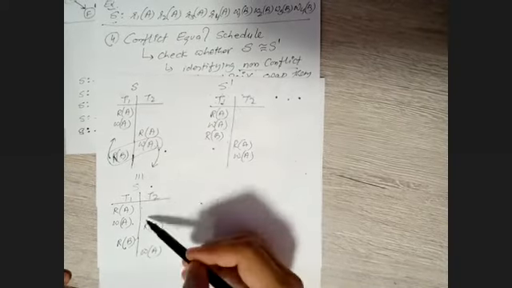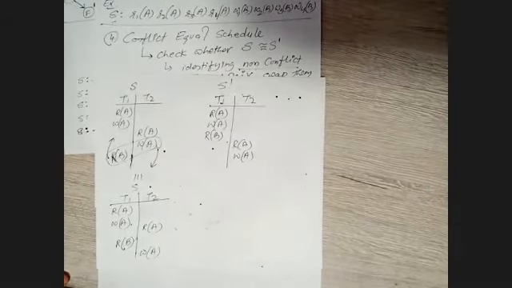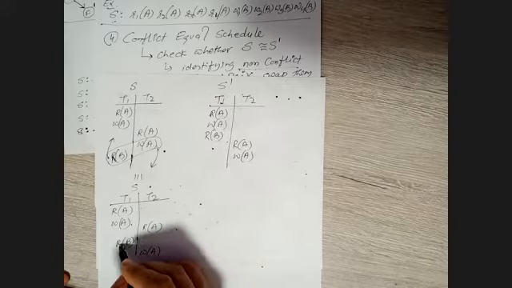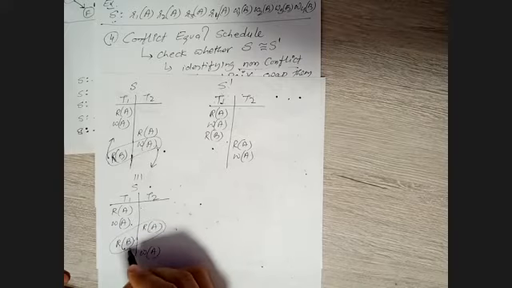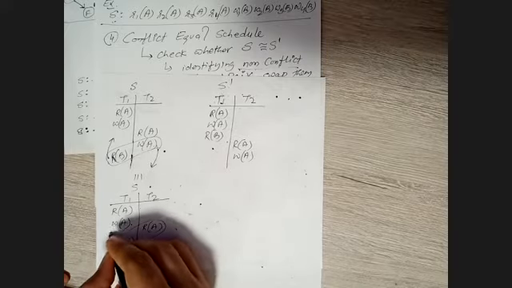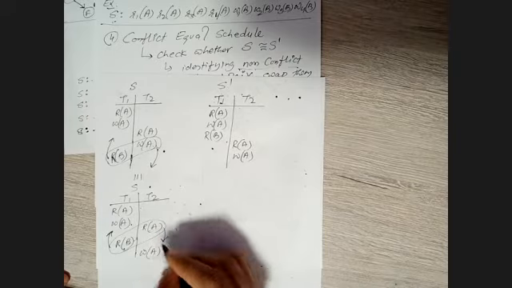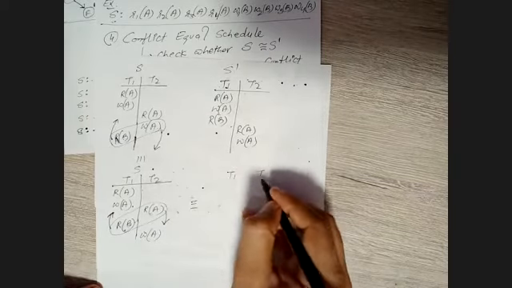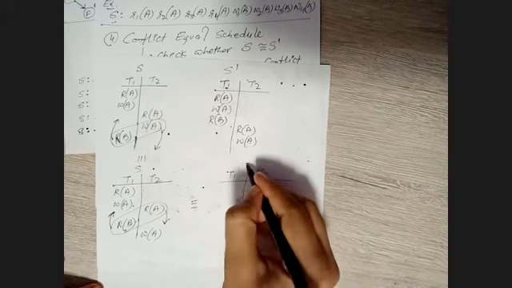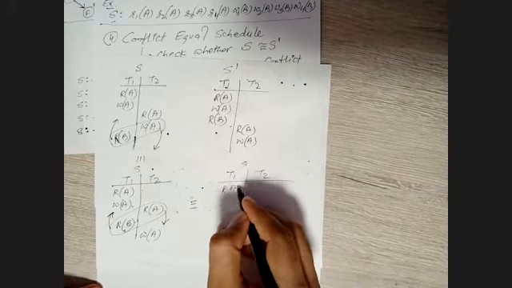No. If no, then again we need to check for the same. Identify the non-conflict pair. So now see the next one, RB with R of A. Are these a non-conflict pair? Yes, because different data items. So swap them. Move up, move down. So this is equivalent to transactions T1 and T2. This is S. What we will get?